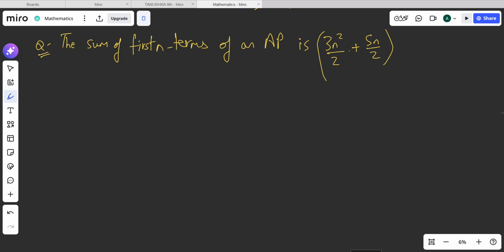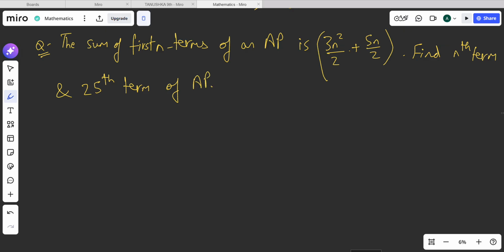So this is the sum of first n terms, and we have to find the nth term and 25th term of AP.